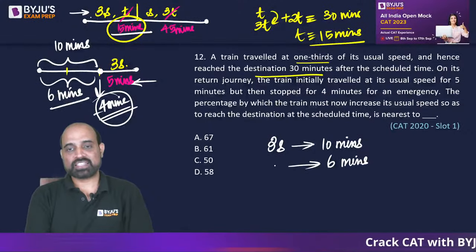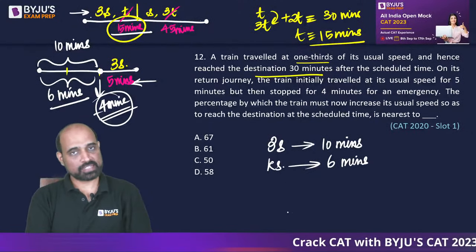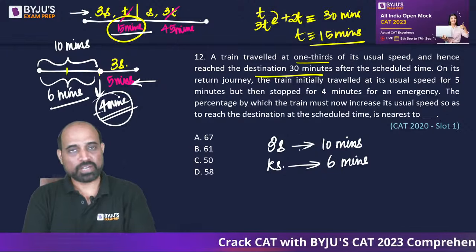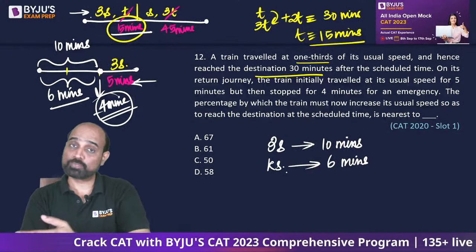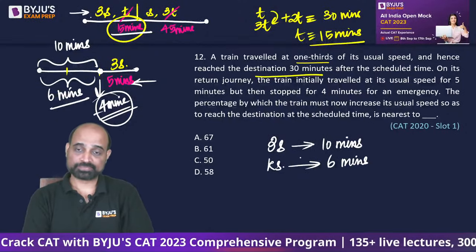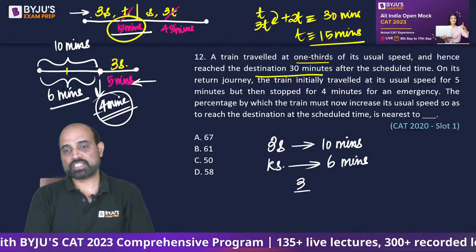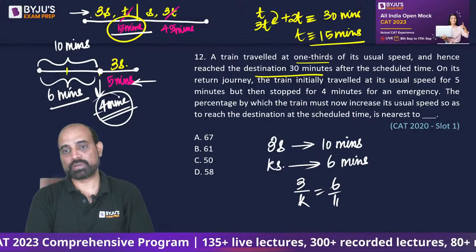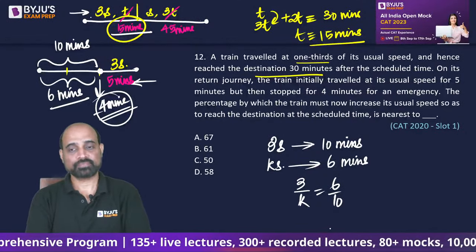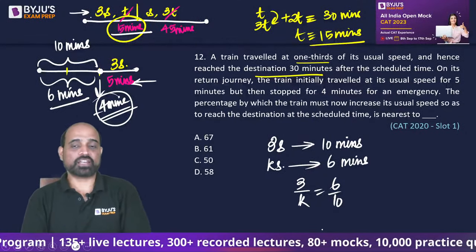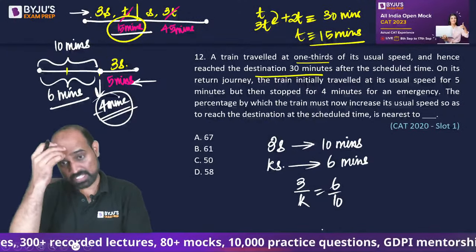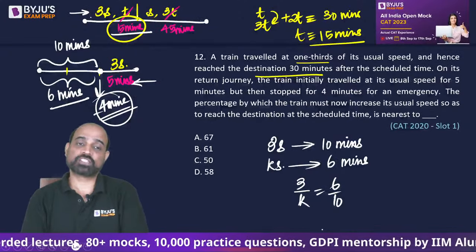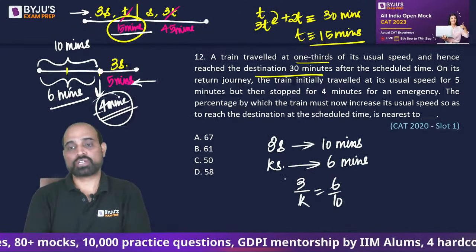If I say this speed is ks here, I took s extra so that you can keep track of which one is the speed out of the given pair of things. So from here, can we say 3 by k is equal to 6 by 10? Inverse has to be used, right? If it was going at 3s for 10 minutes, then it has to go at ks speed for 6 minutes. So k turns out to be 5.